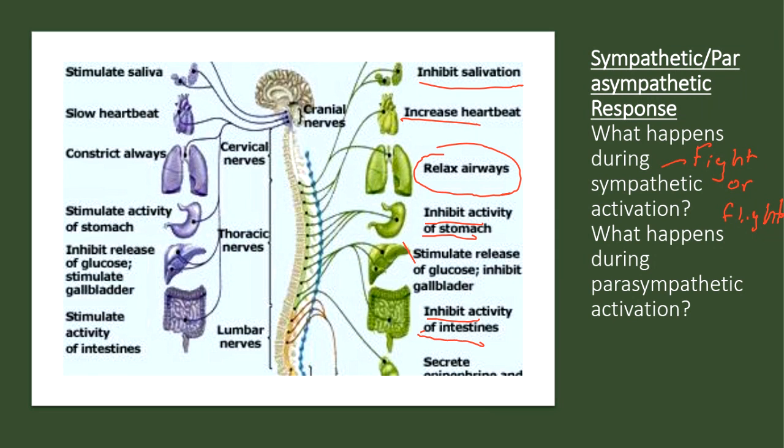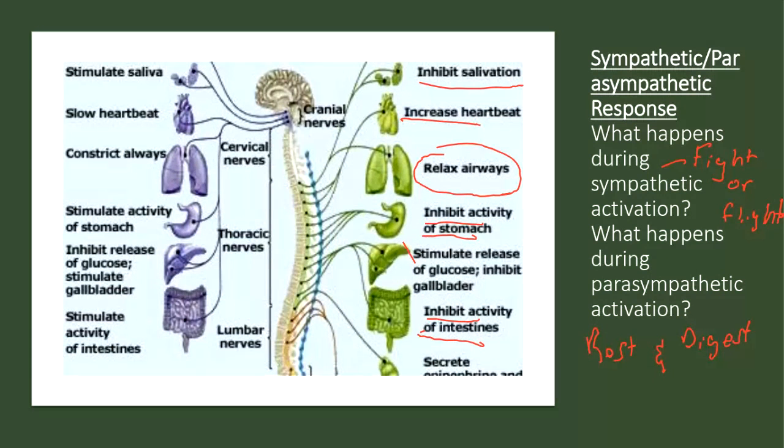Now on the other side of it, we have our parasympathetic system, our rest and digest. This is mostly after we're eating. So the itis that we feel after we eat is normal to a certain extent. You do need to feel sleepy because your body needs to start digesting.